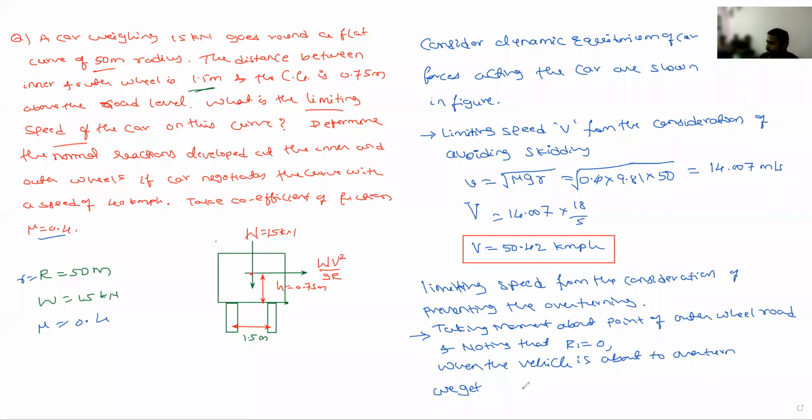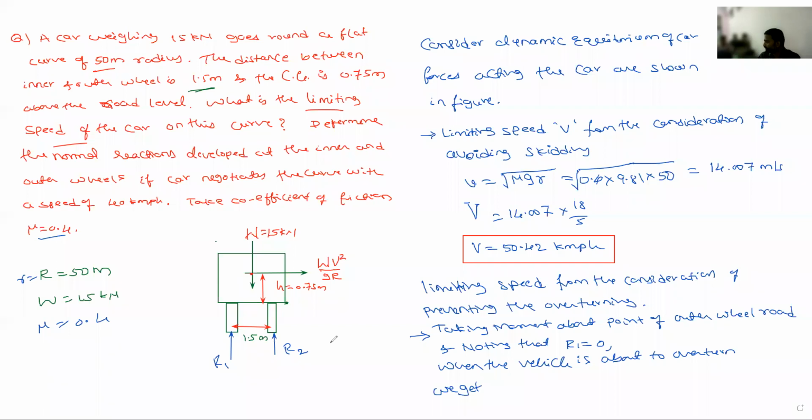Whenever a vehicle gets overturned, it means the car is going like this. When it overturns, among two wheels, one wheel is coming out of the contact surface of the ground, and another one is there on the ground only. This is R1 reaction and this is R2 reaction. This is the inner wheel and this is the outer wheel. R1 is the inner wheel, R2 is the outer wheel.